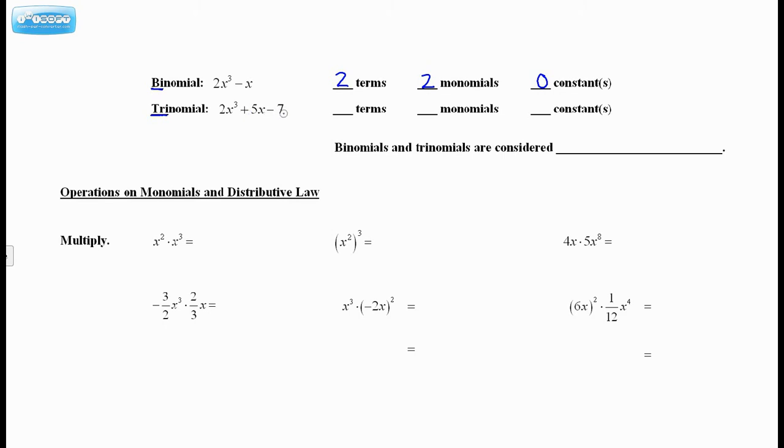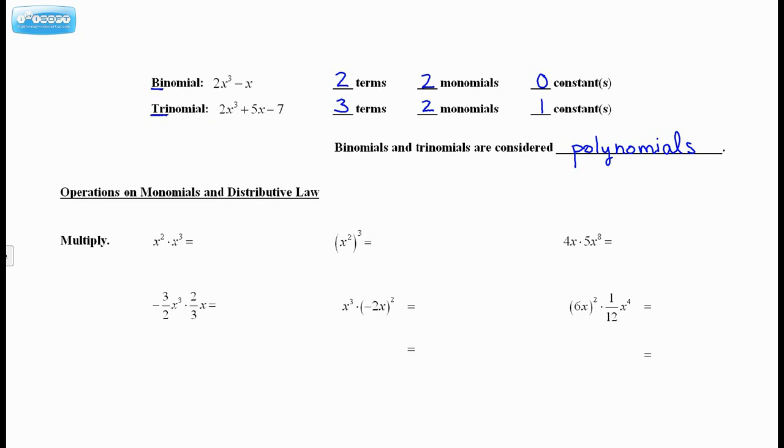However, this constant, this minus 7, this is not, because there's no variable attached to it. So this is 3 terms, hence the tri, but there are only 2 monomials, but we have 1 constant. Binomials and trinomials are considered polynomials. It's just that a binomial is specific to 2 terms. A trinomial is specific to 3 terms. Polynomial could be anything.